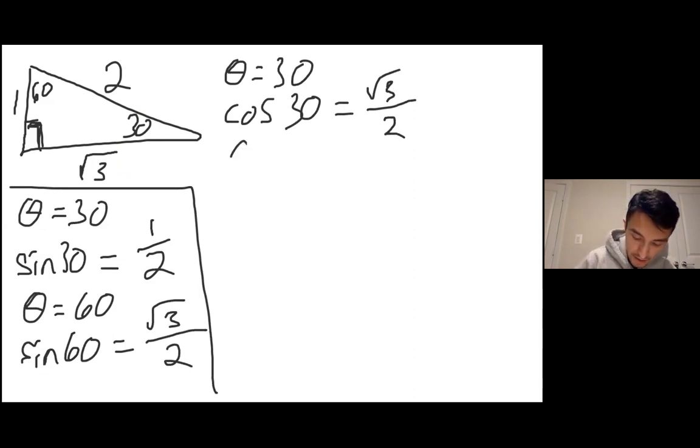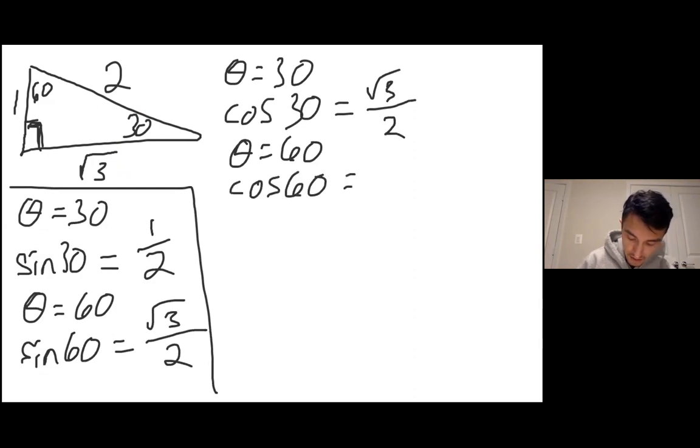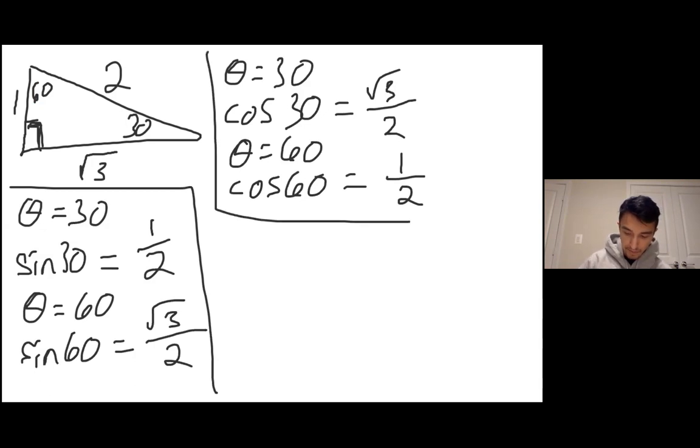So now let's say theta is 60. Well, that means the cosine of 60, in this case, it's different, right? 60 is here, so next to it is 1. So now that adjacent is 1 and the hypotenuse is 2. Boom. Now, hopefully you notice the pattern there, right? Let me fix my numbers here.